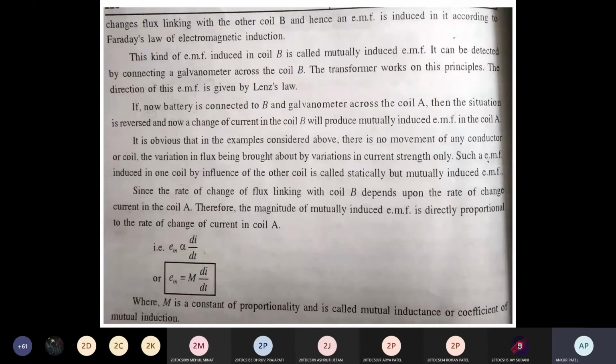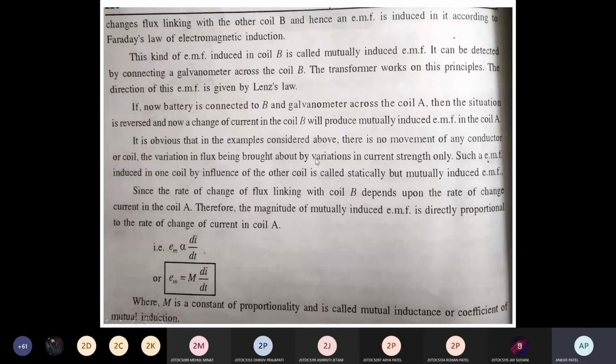So this kind of EMF induced in coil B is called mutually induced EMF. It can be detected by connecting a galvanometer across coil B.